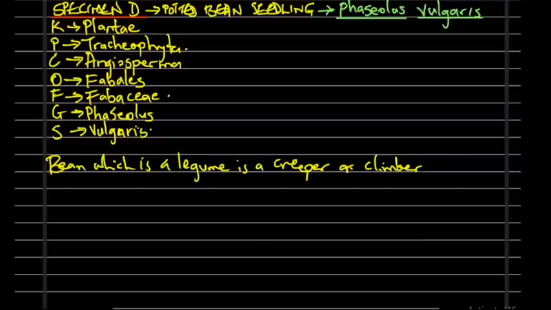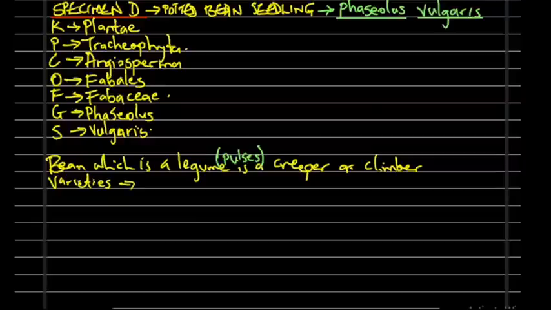So I said it is a legume. Legume means it is a pulse. Now we have different varieties of this bean. Like I was saying earlier, there are different species in a family, in different families. So let me just list a few varieties here.